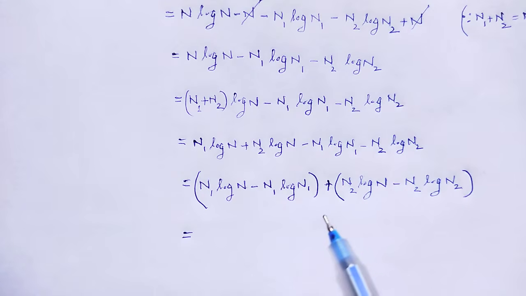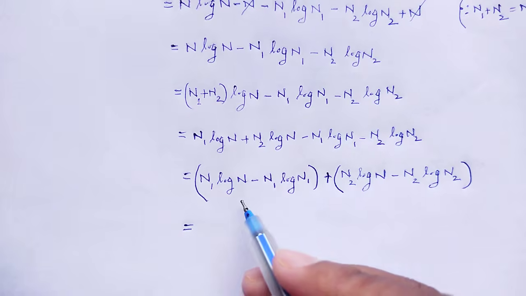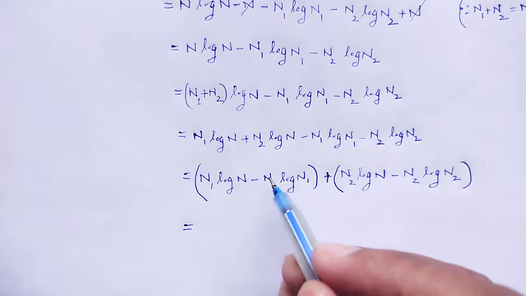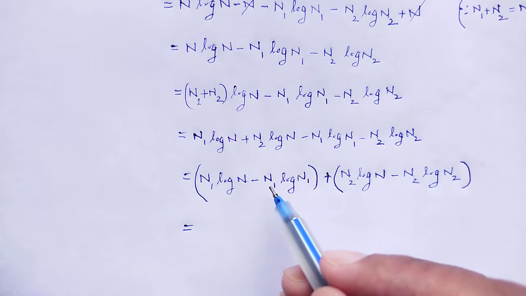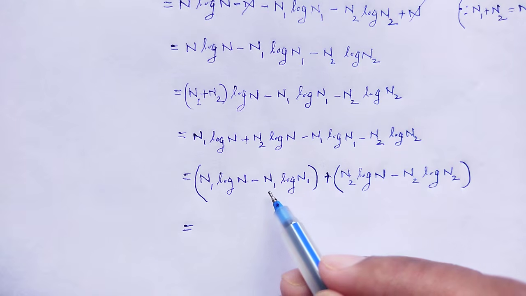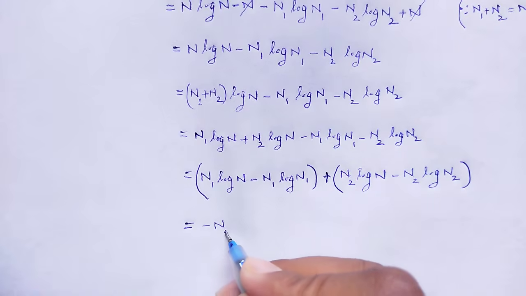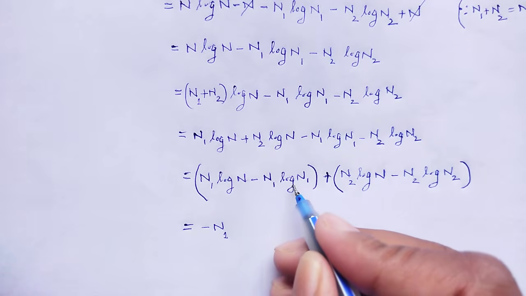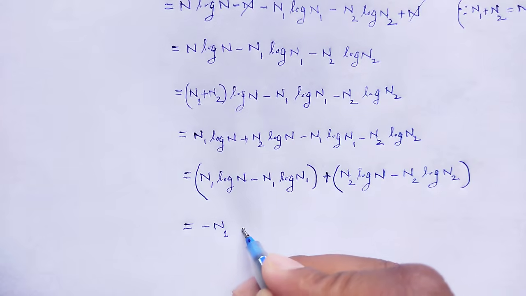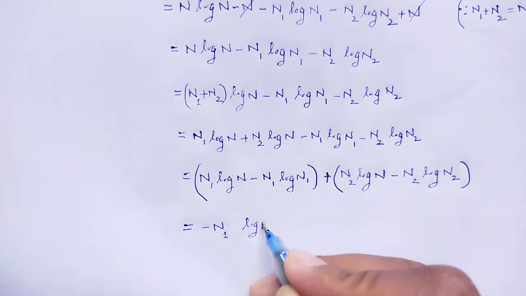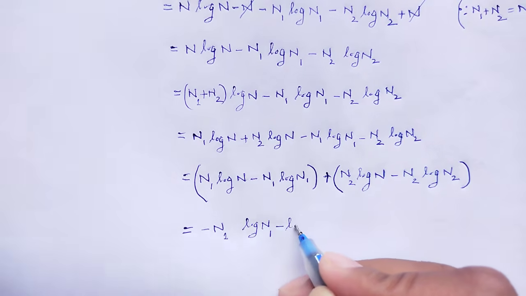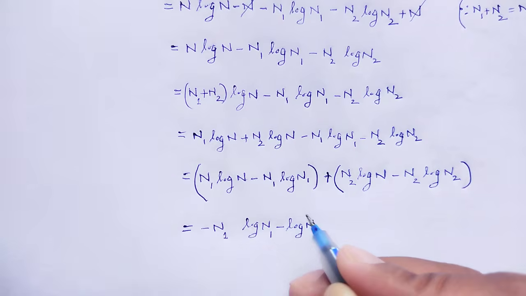In that bracket term, we take common term as n1. Let's choose minus n1 as common. In that bracket, it's log n1 minus log n.